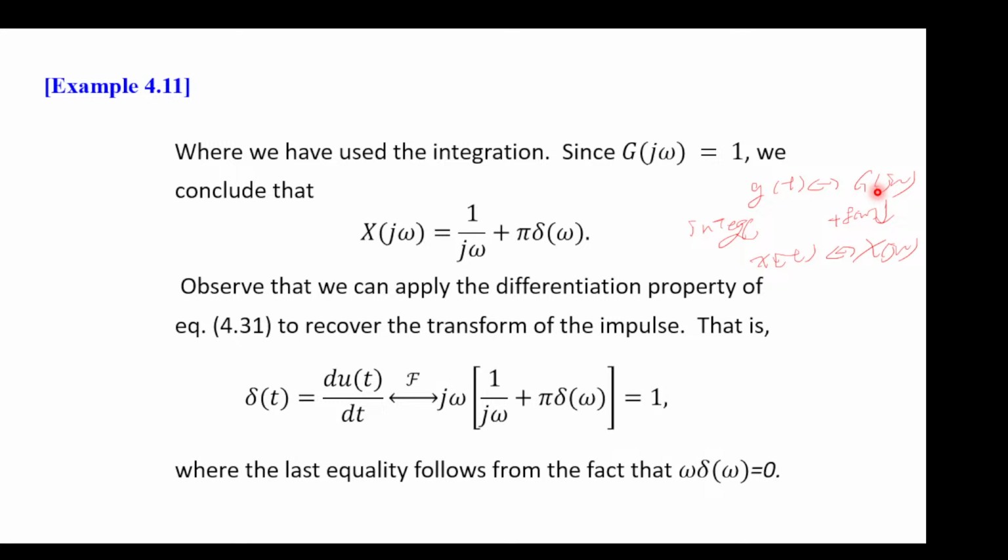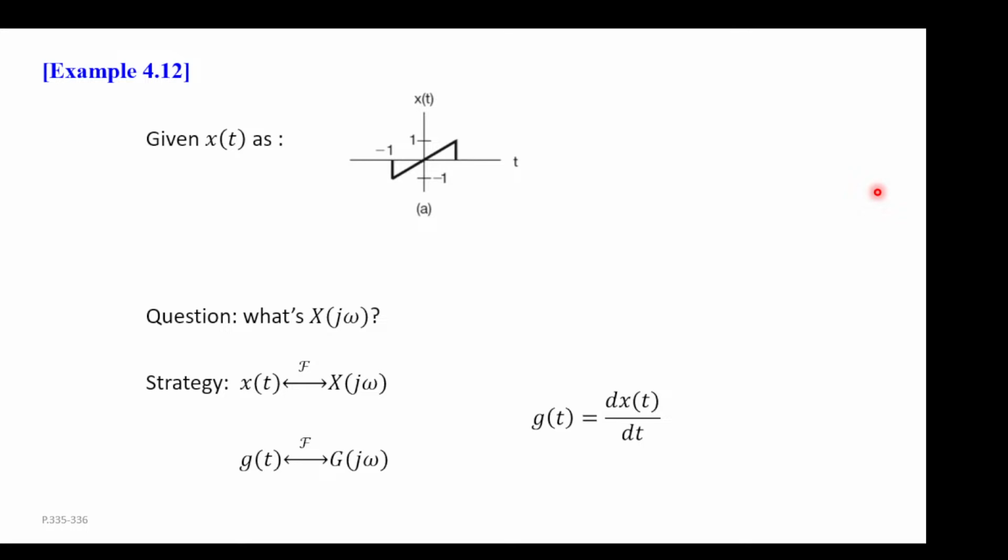If we believe this is true, then we can go to more examples. So more examples, we now have a really weird thing. Now we have x of t equal to this weird slope function, x of t equal to this slope from -1 to 1.